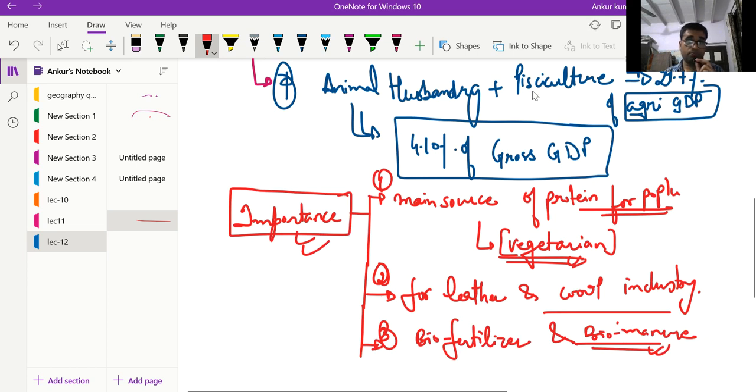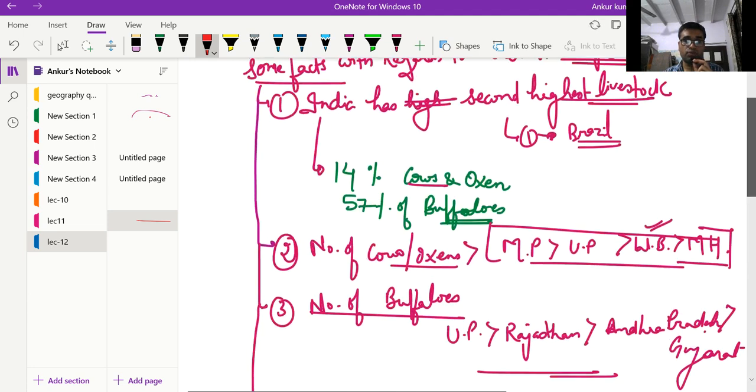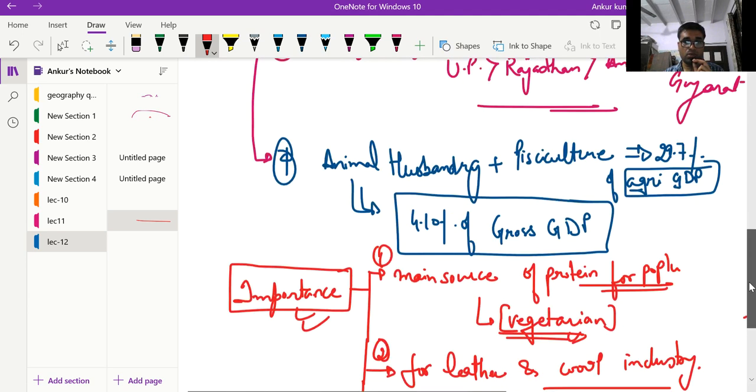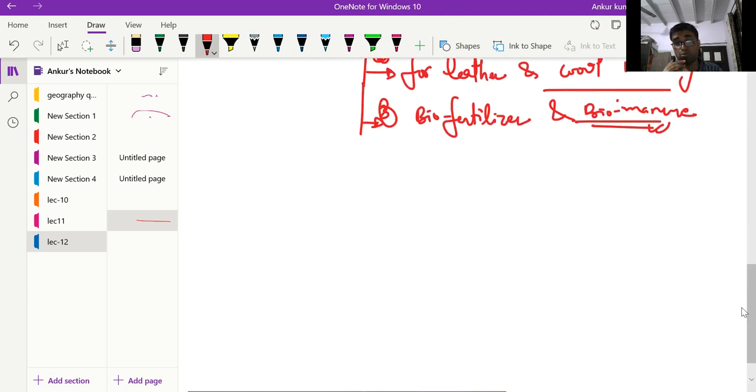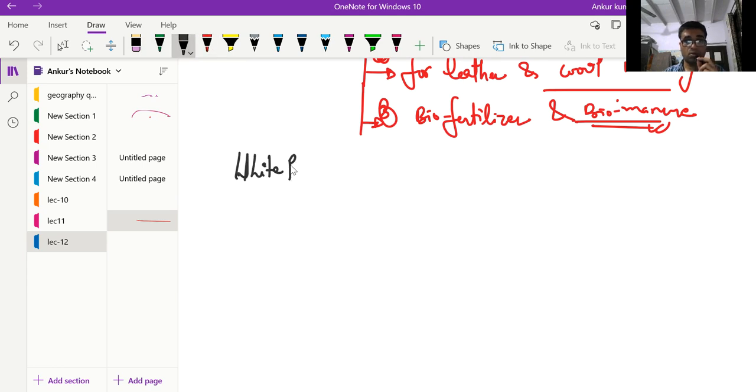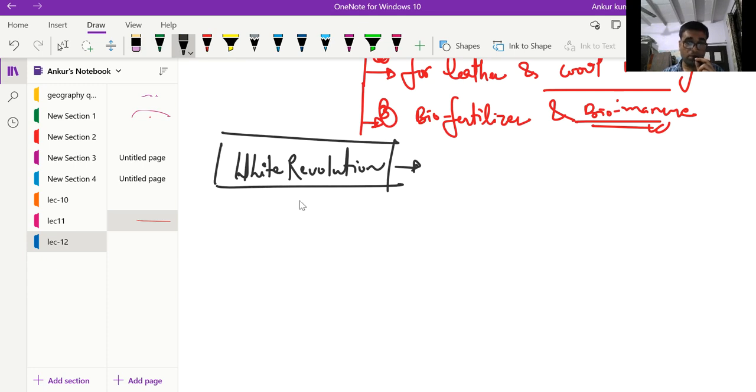Now for this we had to take some measures so that we can enhance the productivity of these animals. That's why we started the white revolution program, and it was implemented in three phases.